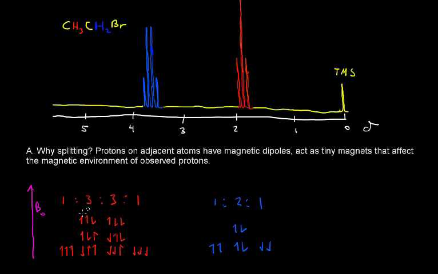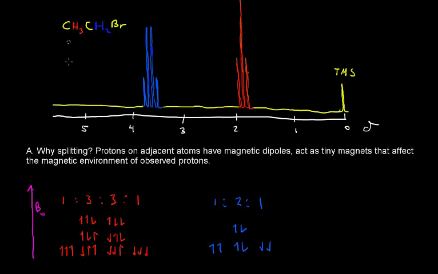Before I go on to that, the ones where all three of those protons are spin up are reinforcing the field, and therefore that's going to strengthen the magnetic environment of these two protons, and so that case gives us the farthest downfield of the resonances in our quartet.